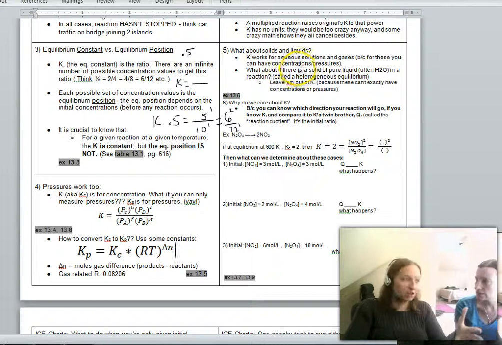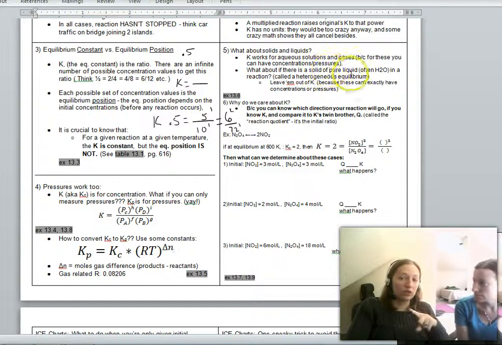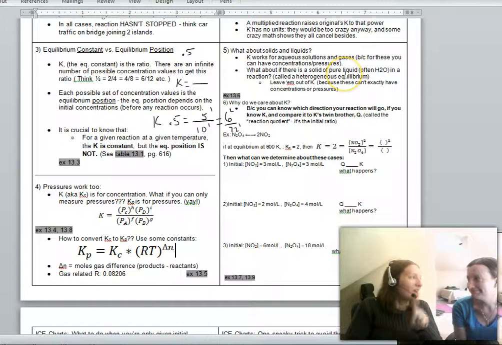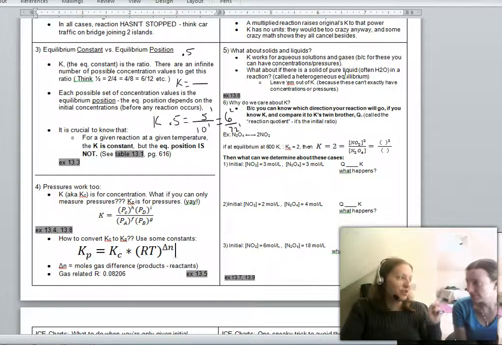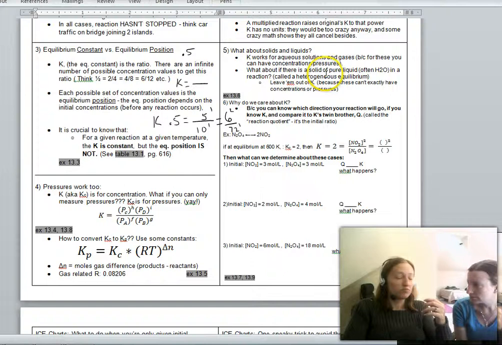If you've got a solid, like a block of sugar, what is its concentration? It's not a thing. So if you have a solid or a pure liquid, which is often just H2O(l), you can't use it. If it's H2O(g), then you can use it. You just leave them out.